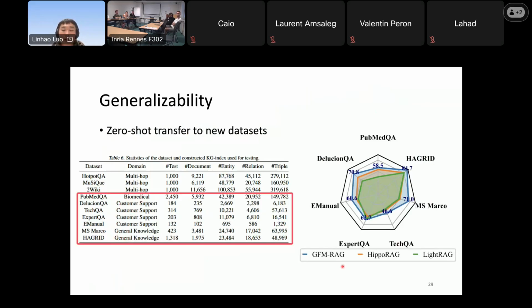We evaluate our method on these 7 domain-specific datasets, and we can see that our method significantly outperforms the existing graph-based methods, for example HippoRAG and also LightRAG. So that shows the generalizability of our method across different domains and to new datasets.